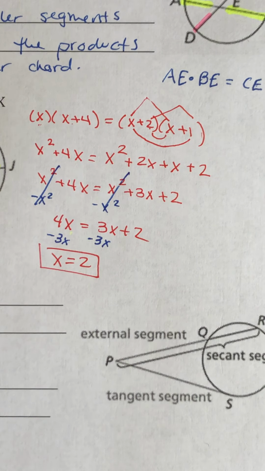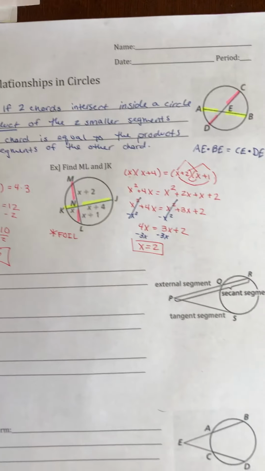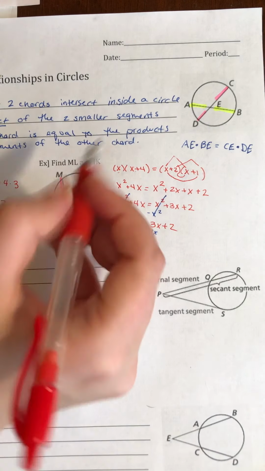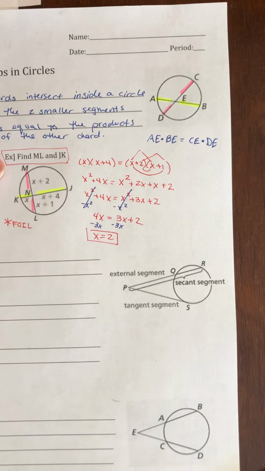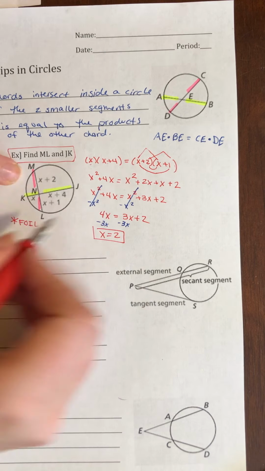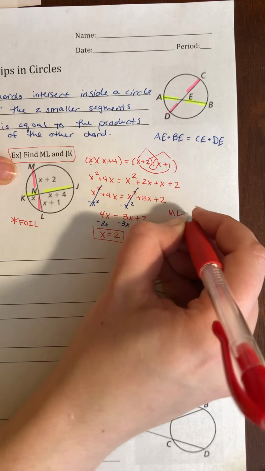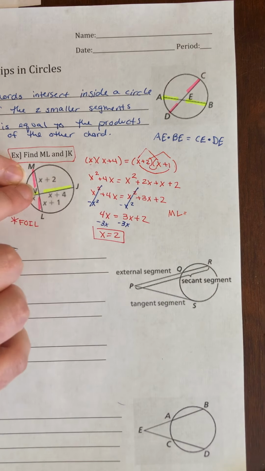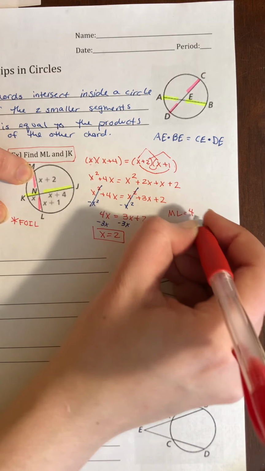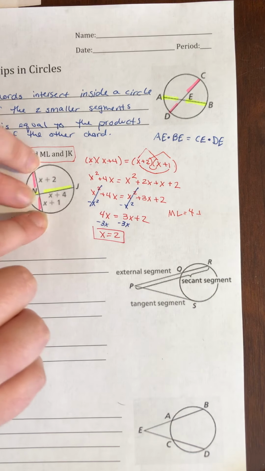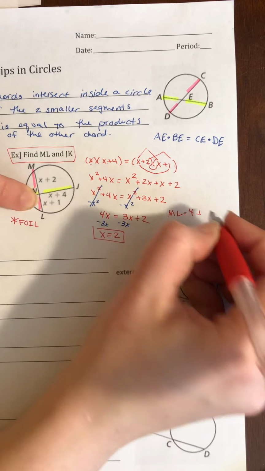Now, x is 2. This question asks to find ML and JK. So, if x is 2, ML is 4, x plus 2, so 2 plus 2 is 4, and x plus 1 is 3.